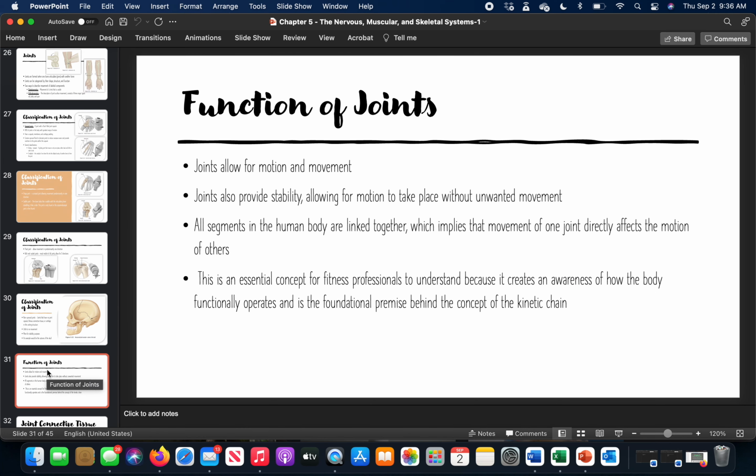So what are we looking at? Well, what's the function of a joint? We obviously want it to allow for movement. That's the bottom line for us, in particular with exercise. We also want to make sure that there's stability. So we want an optimal level of mobility or movement, and an optimal level of stability. Too stable, that could cause problems with movement.